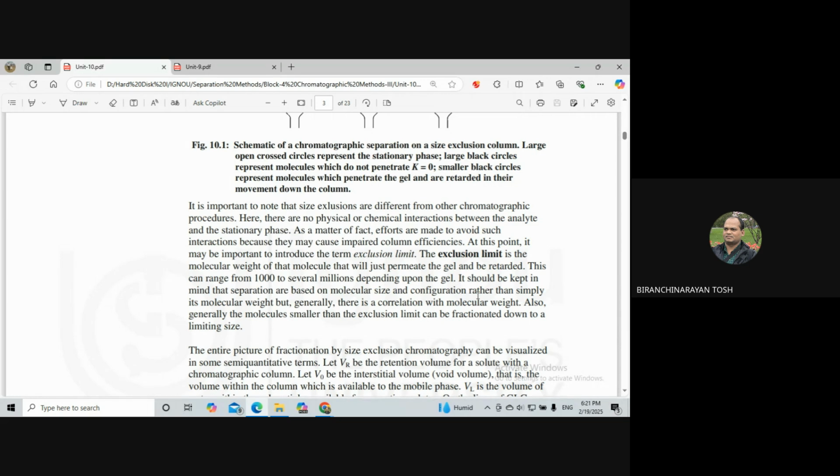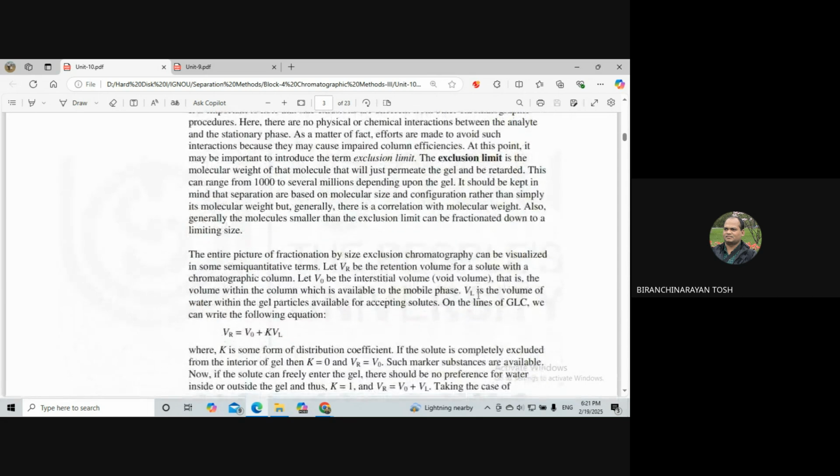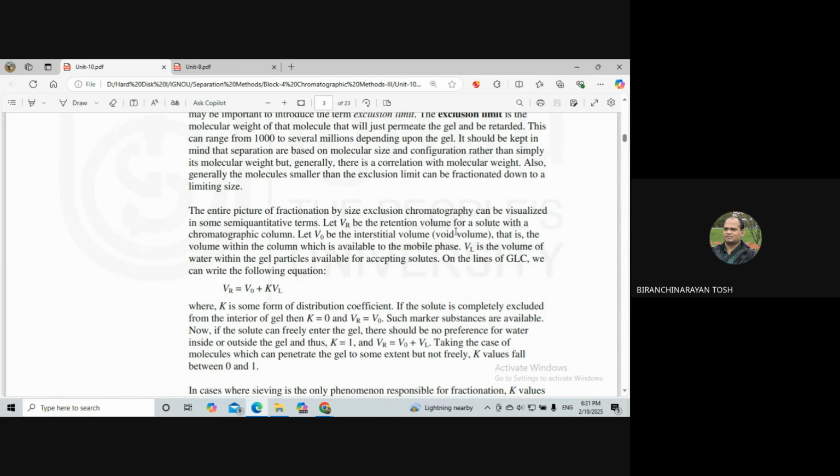So the entire picture of fractionation by size exclusion chromatography can be visualized in some semi-quantitative terms. Let VR be the retention volume for a solute within a chromatography column, and let V naught be the interstitial volume, that is the void volume, the volume within the column which is available to the mobile phase.